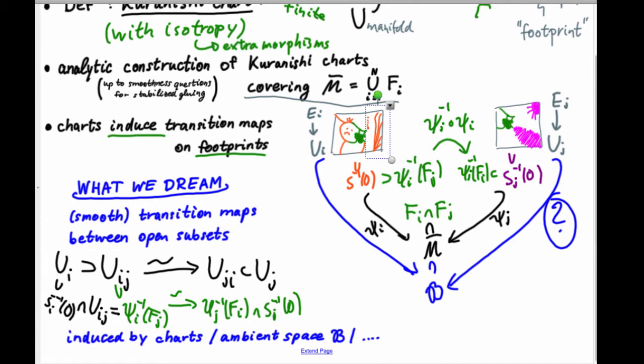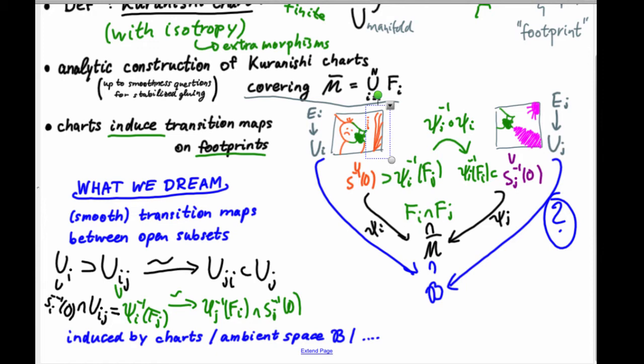Right, so this involves choices of open sets in here, on which I'd like to make my transition map. But in particular, we don't need the intersection of two footprints to be a footprint. We don't necessarily need that. I think the only way we've figured out how to get it is to make that. So that's part of the assumption? Not yet. Okay. We'll get there.